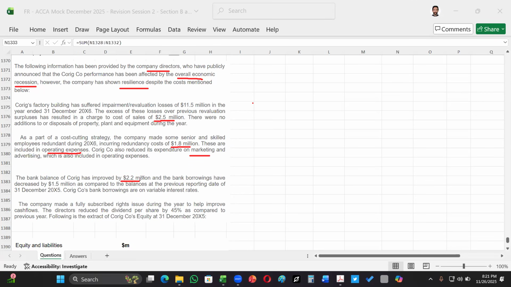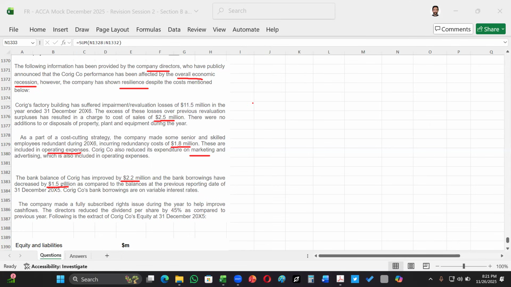That's a positive thing, that shows that there is money. And this seems to be not clear, because the borrowings have gone down, the bank borrowings have decreased, and the bank balance has increased. So there must be something else that is generating cash. We have improved the bank balance, and we have also reduced the borrowing. So where is the money coming from?